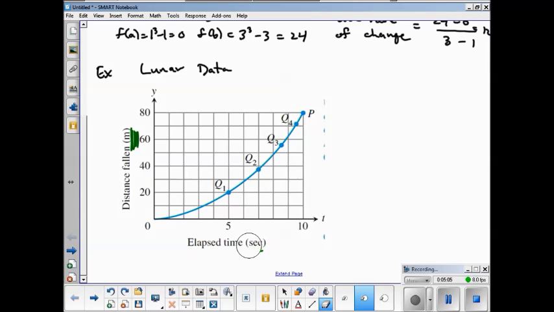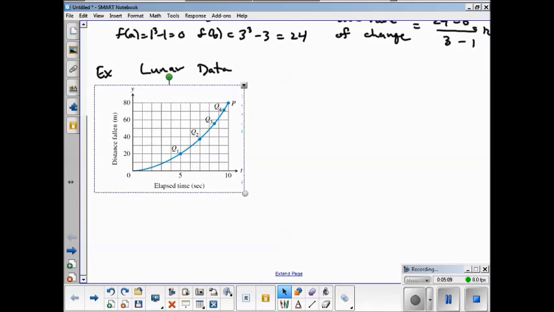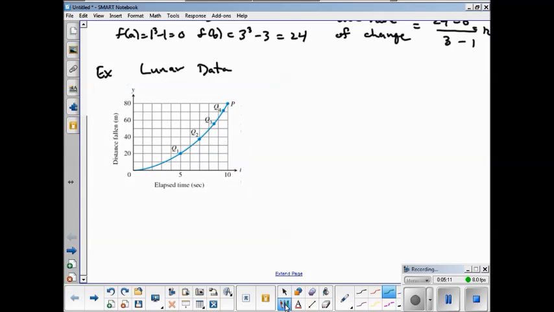Alright, I'm going to shrink this down so we can have a little extra space. Let's write in what we think these points are. I didn't actually measure these, but I'm pretty sure that Q1 is located at (5, 20).